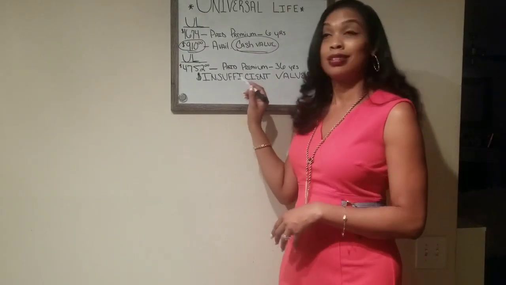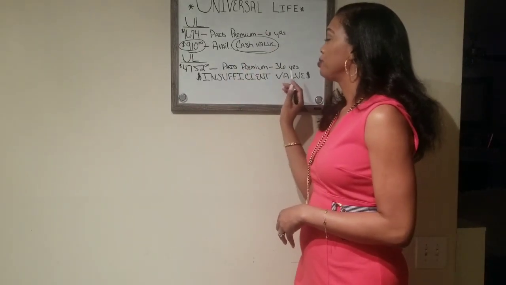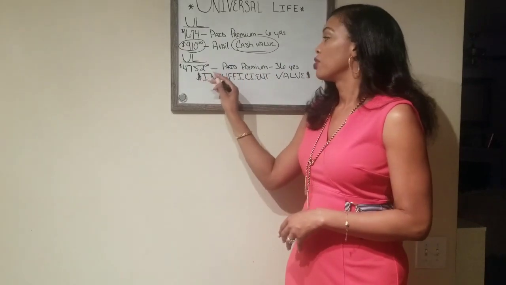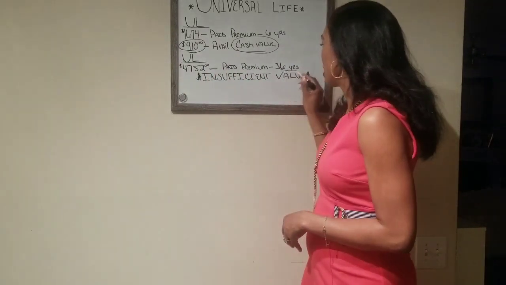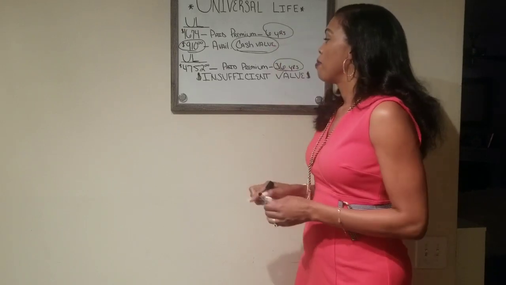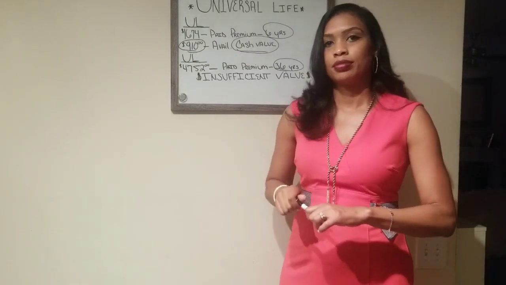Now, the bad and the ugly is an example of a universal life policy where someone has paid $4,752 for 36 years. 36 years compared to 6 years. And now the policy is insufficient.